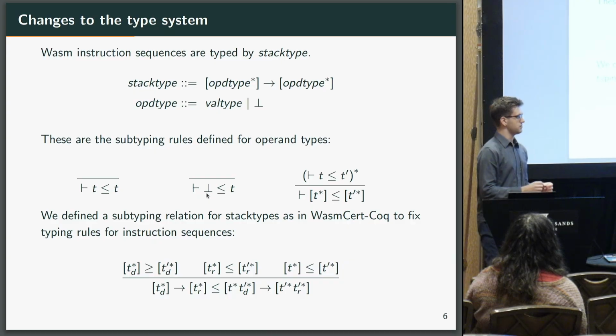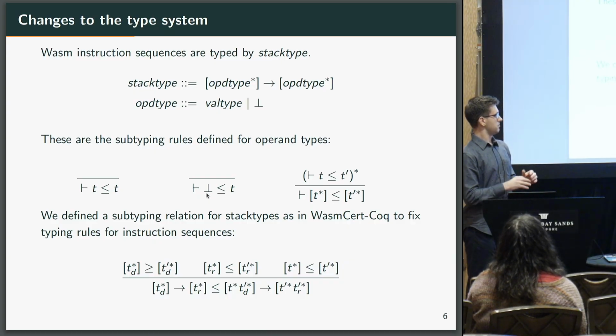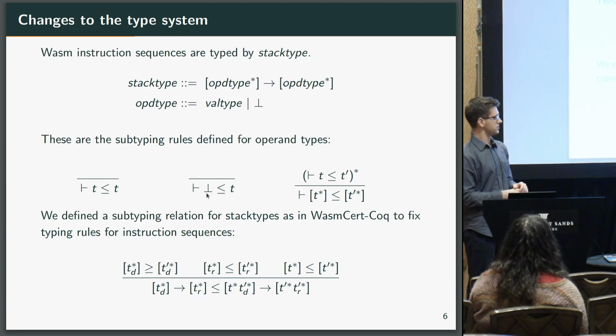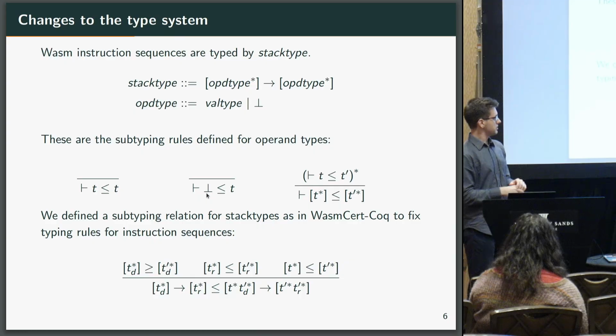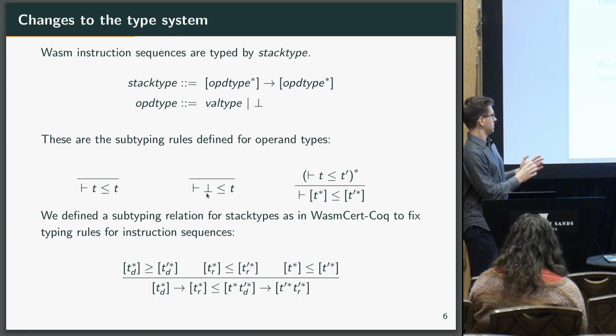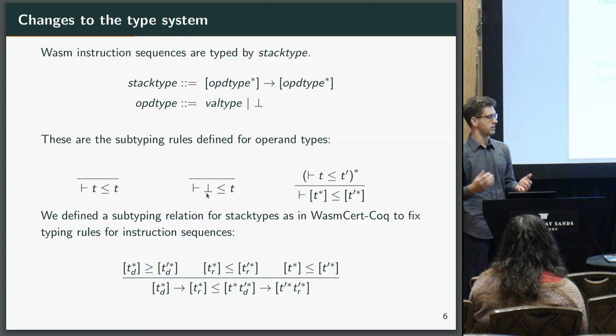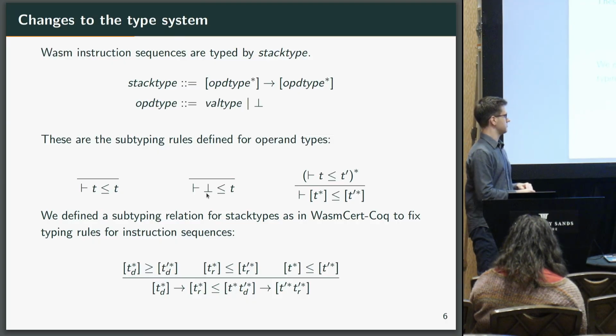The Wasm 2.0 spec contained some bugs in defining typing rules for instruction sequences. Those bugs were spotted previously in WasmCert-Coq, and we implemented a corresponding fix, which is also a similar fix as in Wasm 3.0.